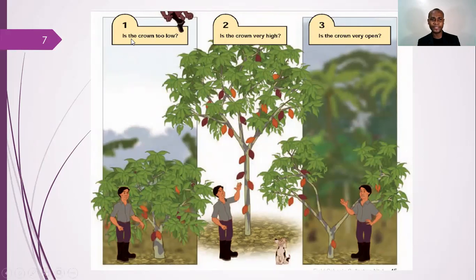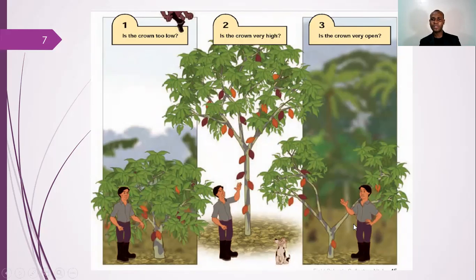In picture 1, the question is, is the crown too low? The answer is yes. Meaning that this tree was not properly trained. In picture 2, is this crown too high? The answer is yes. So it means that this tree was also not properly trained.